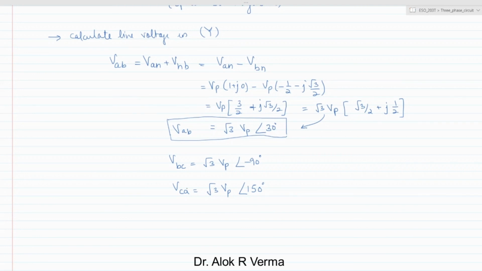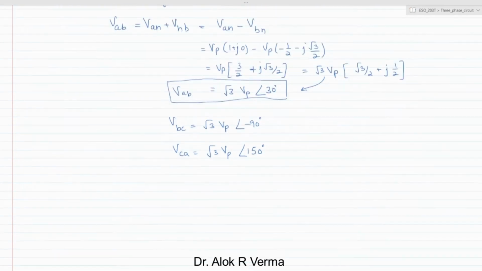After this, one interesting observation can be made when we draw the phasor diagram of the star connection. Suppose, like earlier, we take the phase voltage as reference. So this is VA, VB, VC.